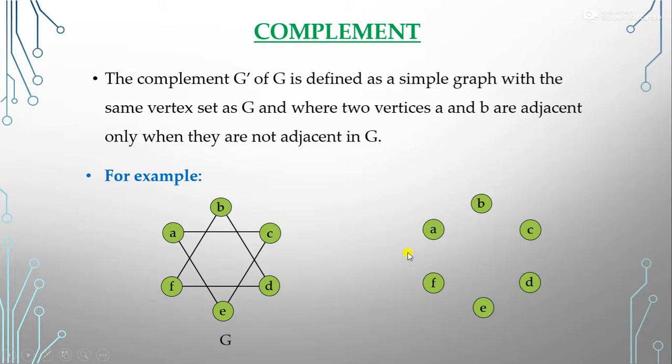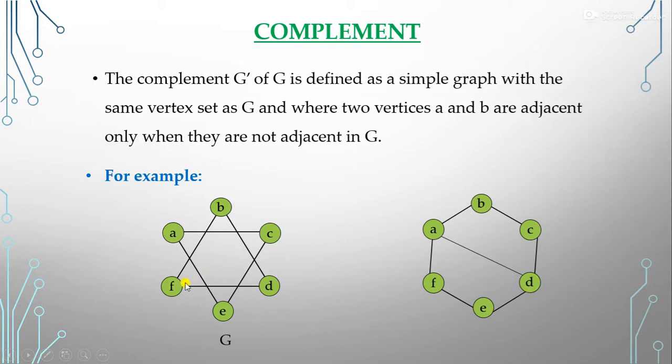Now the edges. Which edges do we have to include? We have to take the vertices which are not adjacent in G. Here A, B are not connected. So in our complement, we connect all these edges which are not connected in G. Also we can see that A is not connected to D in our G, so A, D will be in our G dash.